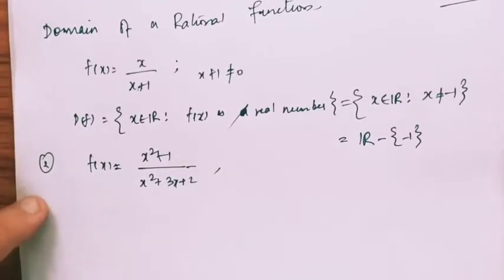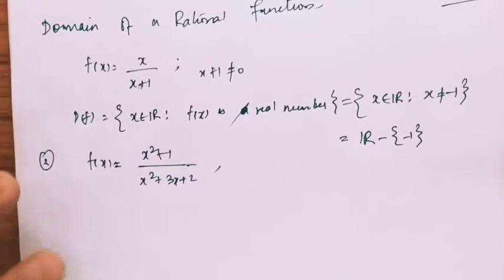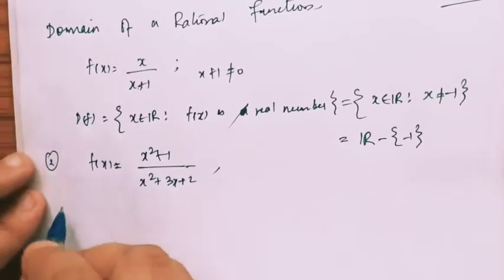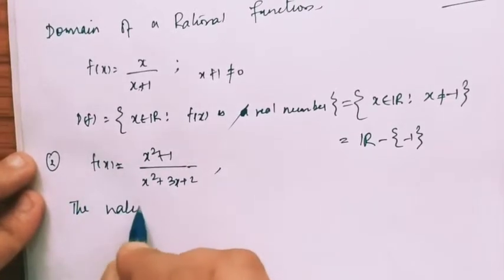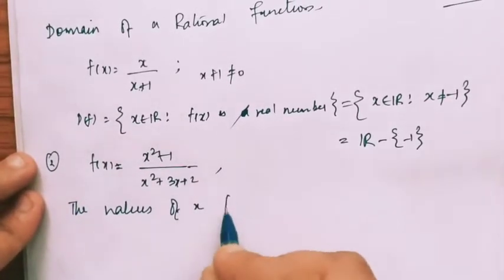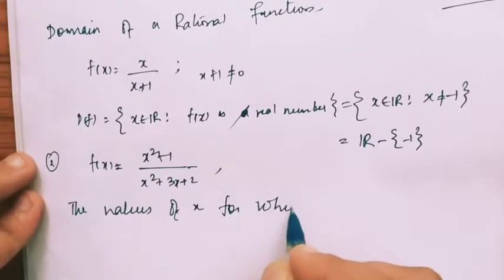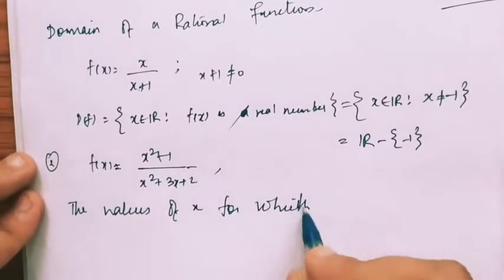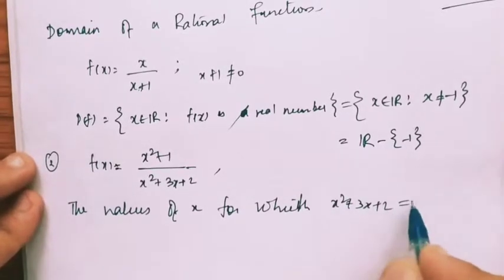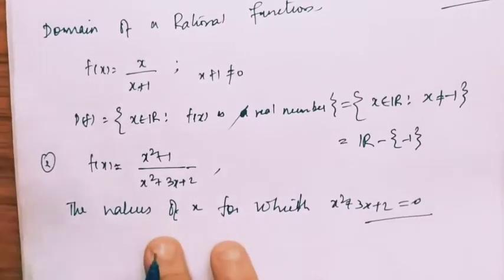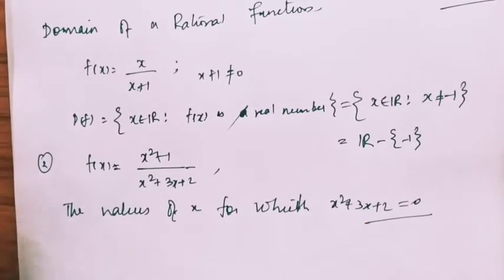So I will find the values of x for which the denominator, x square plus 3x plus 2, is equal to 0.